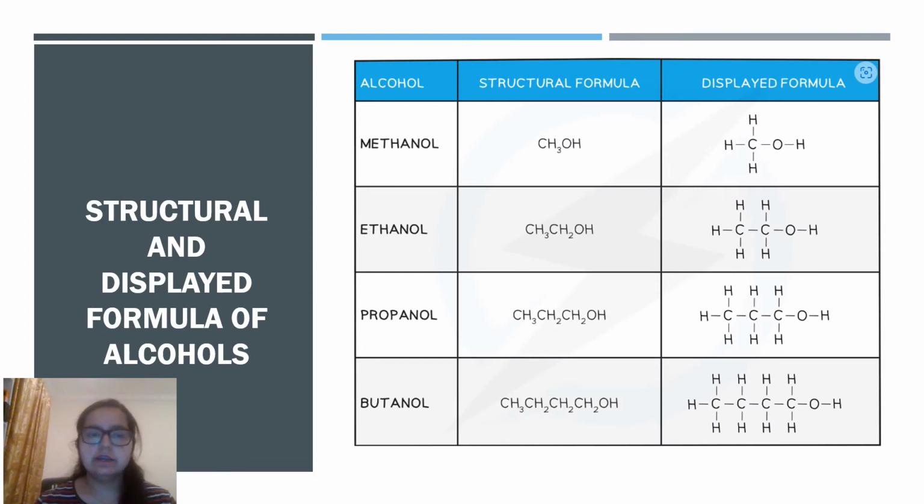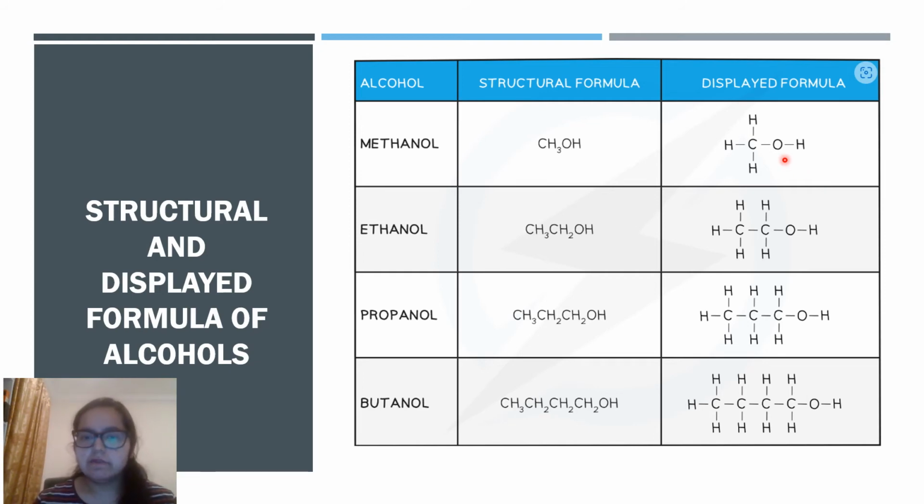Next, structural and displayed formulas of alcohols: methanol, ethanol, propanol, butanol. So this is CH3CH2OH. In the same way we are writing it in a simplified form, and this is the displayed formula, which shows all the bonds and all the atoms in the molecule.